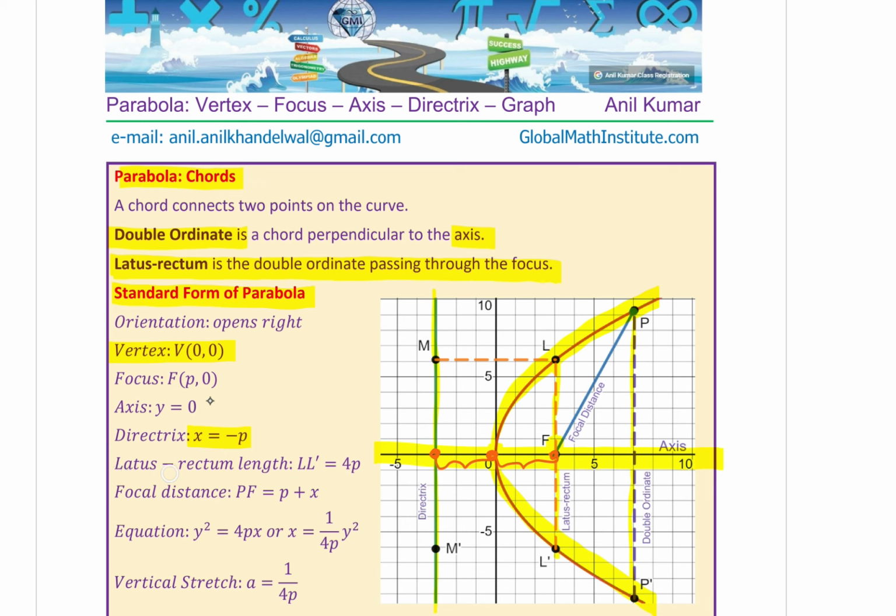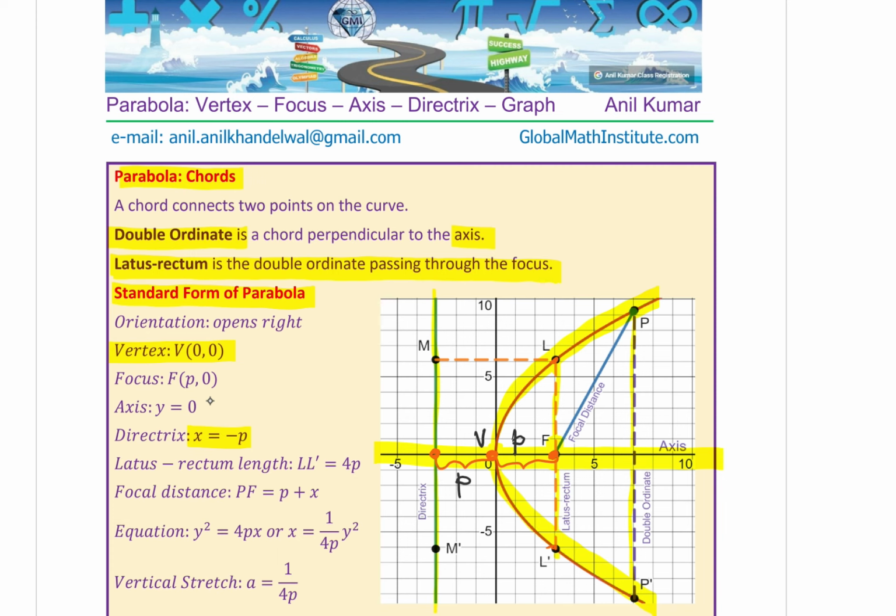Latus-rectum, whose length is shown as L to L dash, passes through the focus as I just defined. Now we'll relate all this and soon we'll prove that if p is the distance from the vertex to the focal point, p is also the distance between the vertex and the directrix, correct?